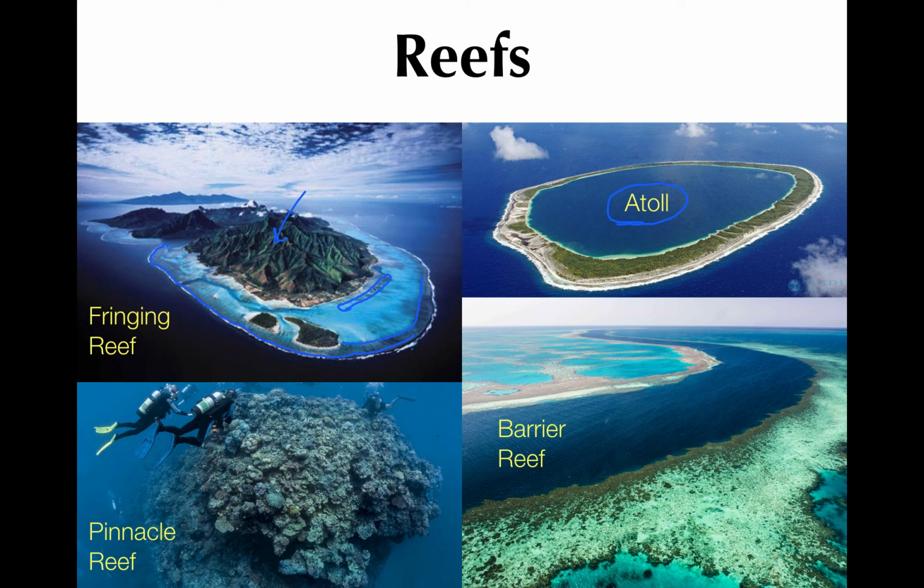So if we were to draw the underwater structure of this atoll, what we would see is that the atoll has simply built up and kept pace with the relative rise in sea level in this location, even as the landmass that it used to be attached to is now submerged.